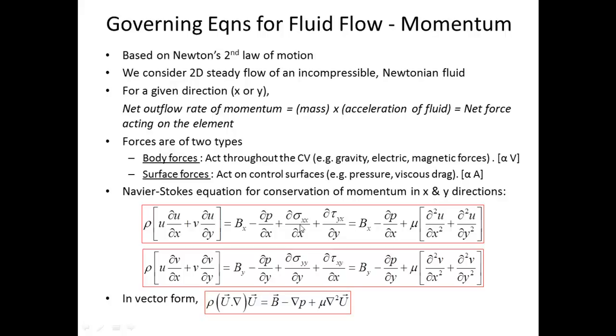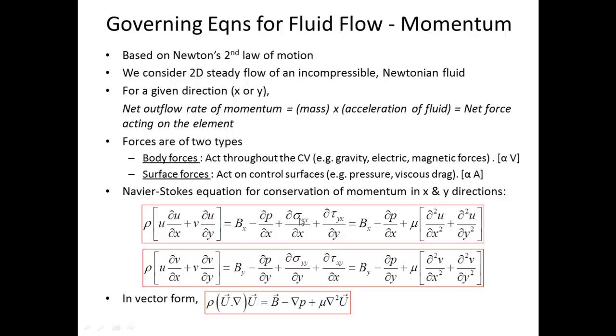Further, we also have the stresses induced by viscosity. Sigma xx is the normal stress in the x direction, and tau yx is the shear stress acting in the x direction. Thus, the right hand side is the net effect of all the forces in the x direction.